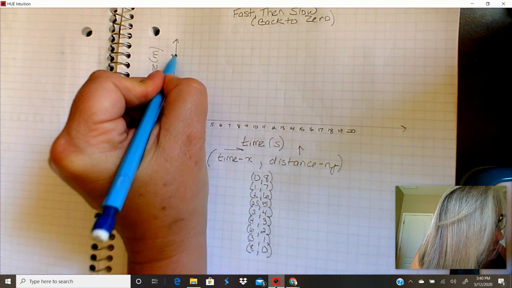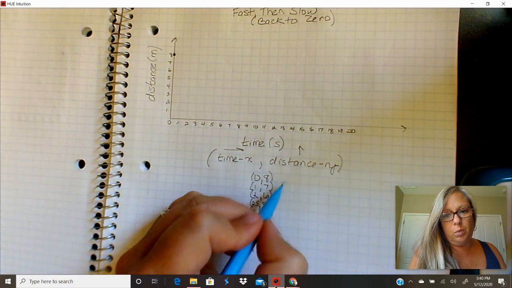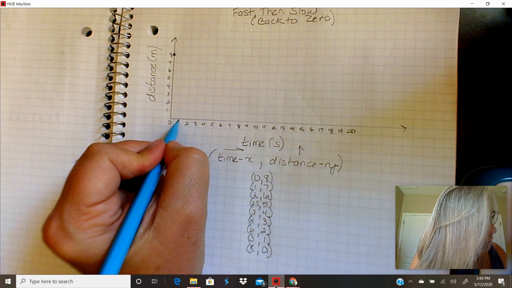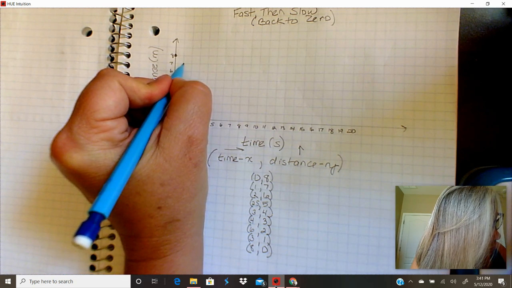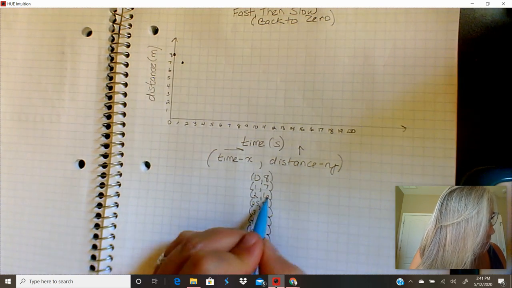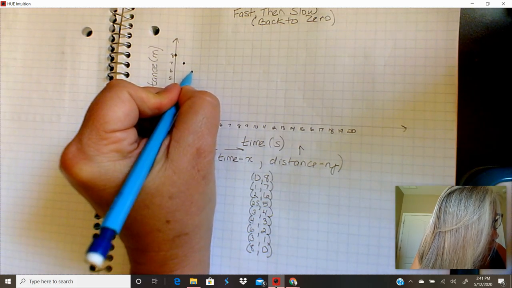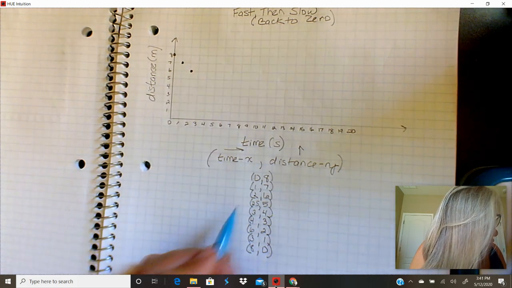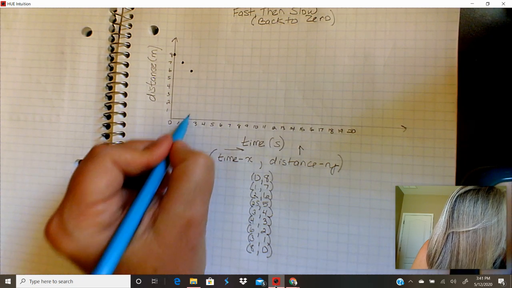Next, at 1 second, we're going to crawl over to 1 and climb to 8. Oh, sorry, climb to 7. Then it's 2, 6, so we'll crawl over to 2 and climb to 6. And then I'm going to crawl over to 2.5 and climb to 5.